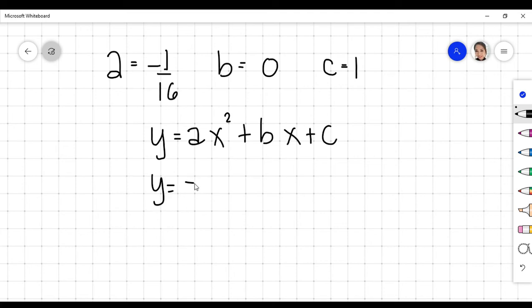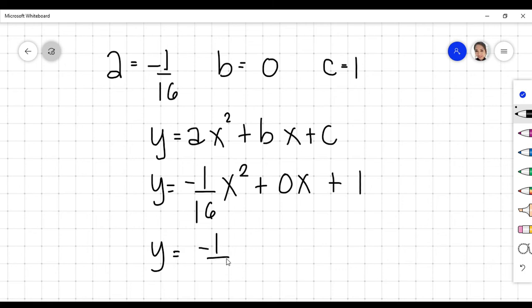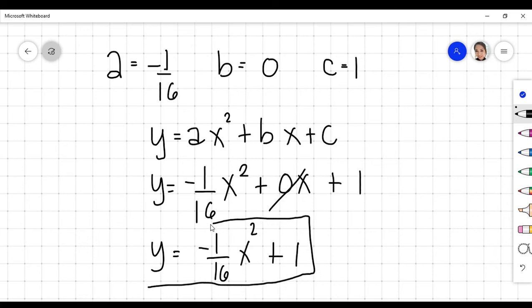A is negative 1 over 16 x squared plus bx, so that is 0x, and we know that is 0, plus c, which is 1. So finally, y is negative 1 over 16 x squared plus 1. So plus 1 will be our equation for the quadratic function.